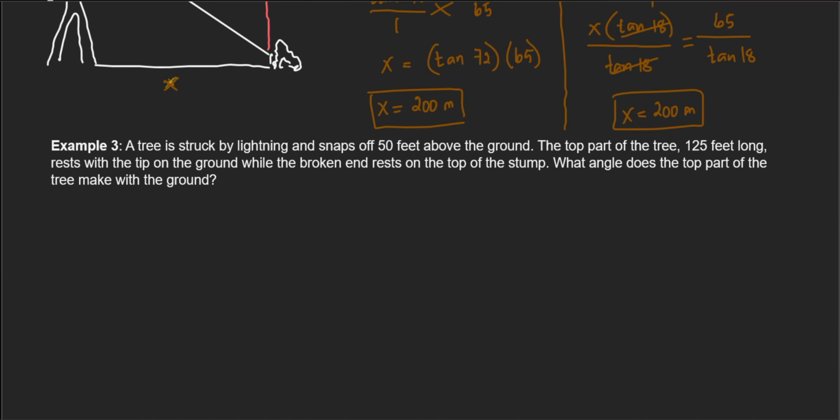Now, if you're going to illustrate this problem, for example, this is our tree. Bear with me, I'm not good at drawing. So this is our tree, and it's struck by the lightning. Like this. And from this lightning to the ground, that measures 50 feet.